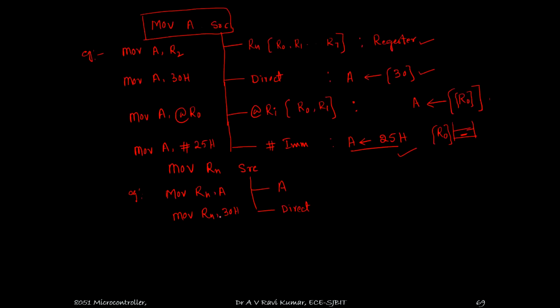Remember, if I have not mentioned the hash symbol, it indicates a direct addressing mode. So how does it work? The content of address 30H is moved into the register Rn. Take any of these registers, let's say R3. The value R3 holds is the content of the address 30H.